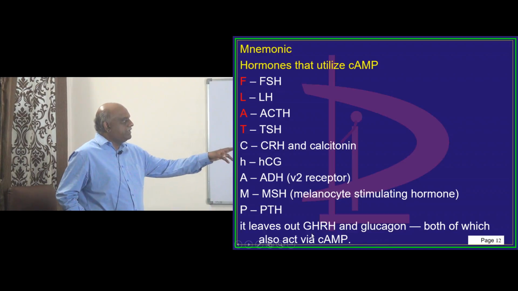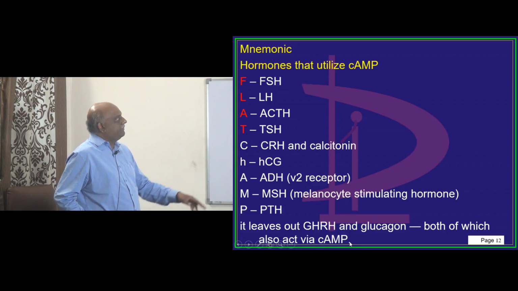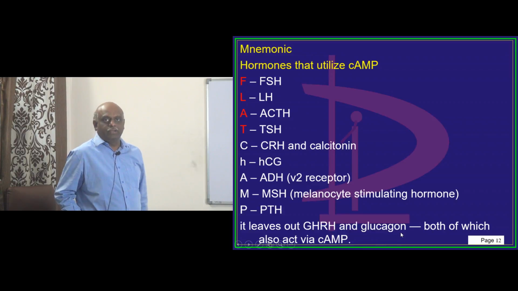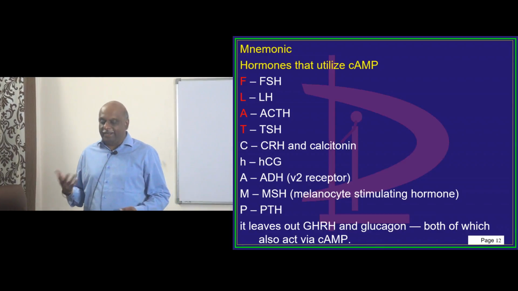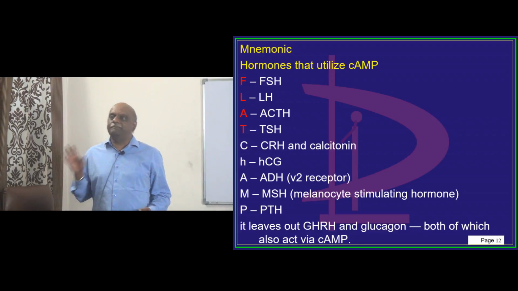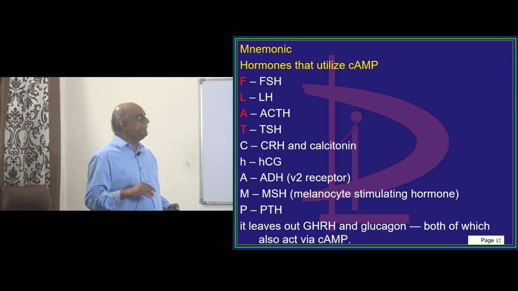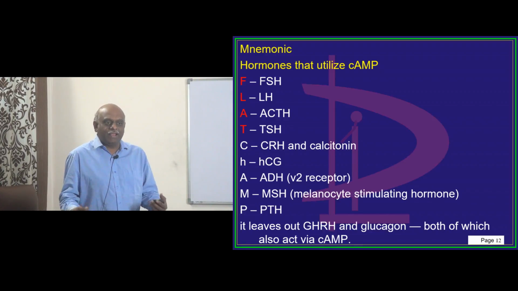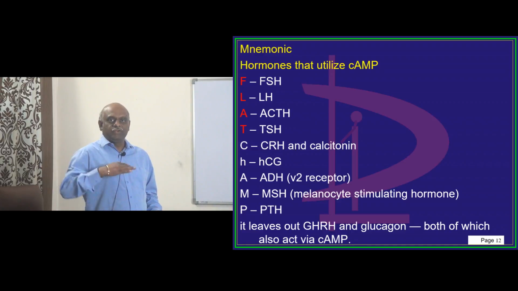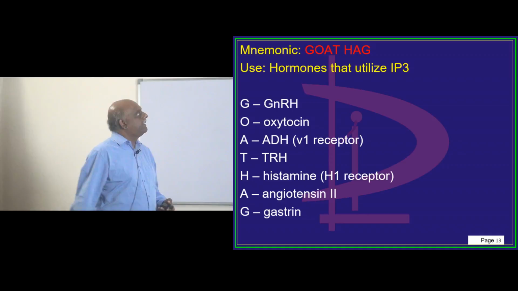Additionally, even GHRH, growth hormone releasing hormone, and glucagon, even they also use cyclic AMP as a secondary messenger. So FLAT CHAMP for cyclic AMP, somehow you have to remember. Cyclic AMP is a cycle, and what happens with a cycle? Championship. So FLAT CHAMP is cyclic AMP.